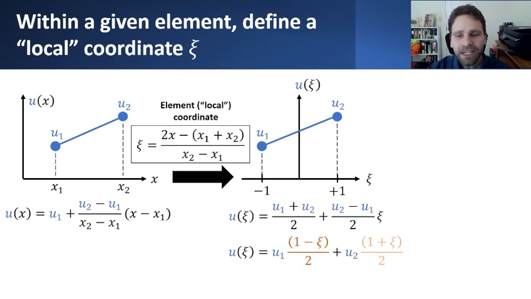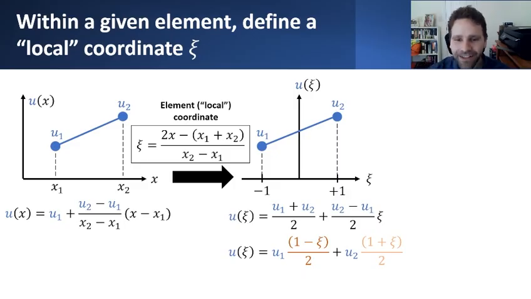Now I could manipulate this expression a little bit further, and instead of representing things in terms of a constant term plus this linear term that depends on psi, in terms of monomial coefficients with psi being the primary variable with different monomial powers, I could instead choose to isolate these individual displacement values, u1 and u2, and find out what function multiplies each one of those two nodal coefficients.